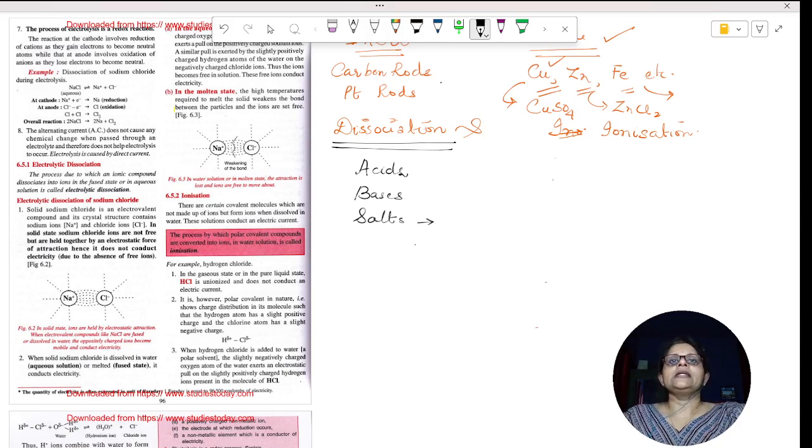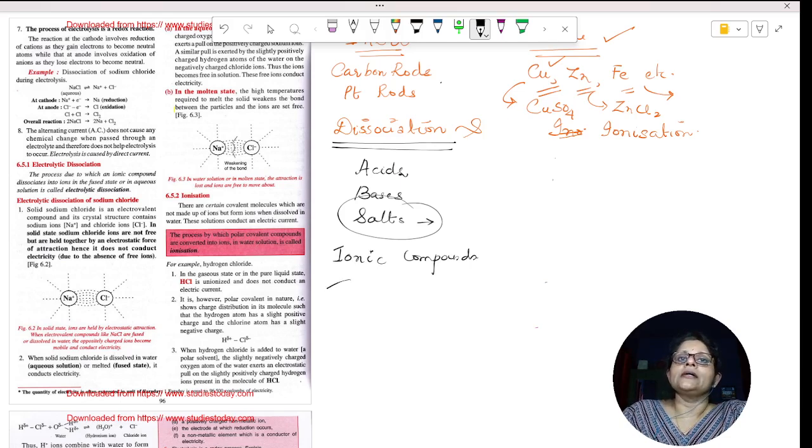Among salts, there are ionic compounds, which are formed by the complete transfer of electrons from a metal to a non-metal. So in most of these compounds, there will be a bond between a metal and a non-metal, right?